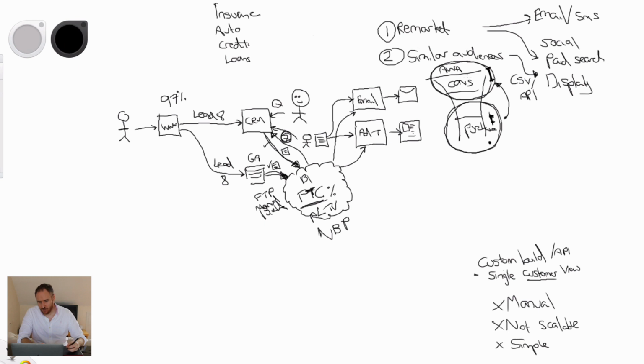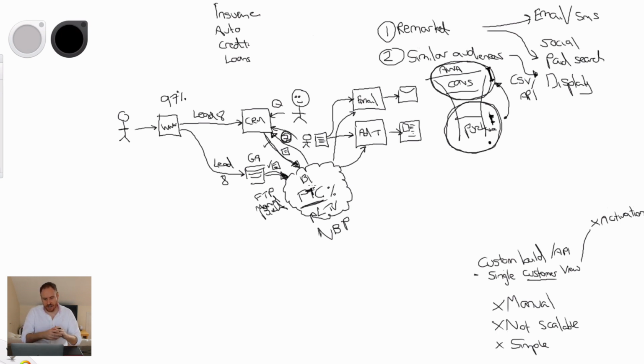Now, the other challenge with building your own version of this is that people build a single customer view and forget about activation. Whenever I've seen people building single customer views, they tend to concentrate more on the ingress of data, the data coming in and how they're going to store it.